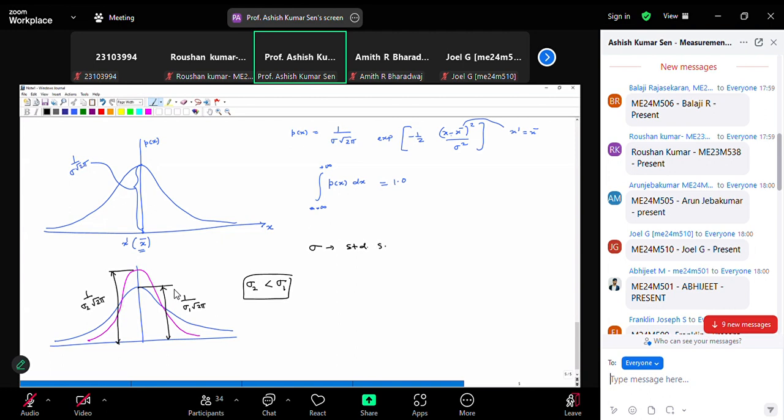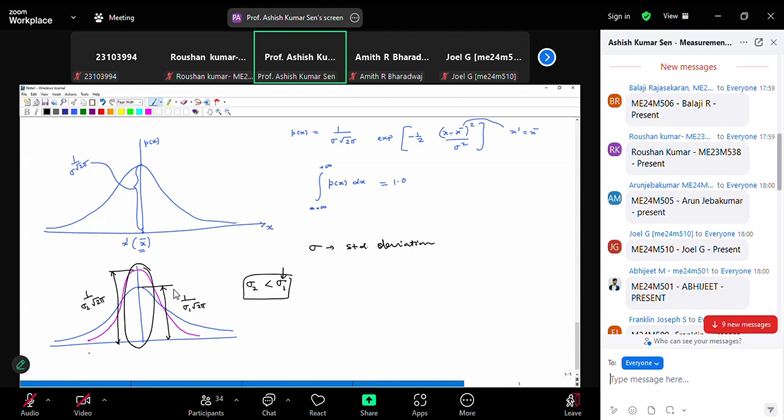Standard deviation. That means if you do a measurement and you get a large sigma, your data points are varying a lot; the spread of the data is higher. And when the standard deviation is less, the spread of the data is less, meaning more data is concentrated around the mean value.